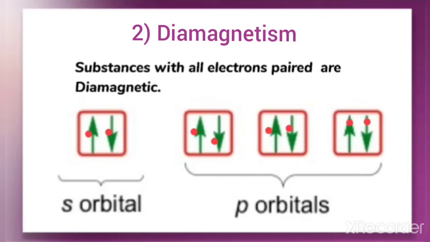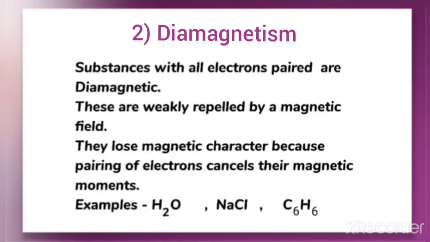These are weakly repelled by the magnetic field, and they lose the magnetic character because the pairing of electrons cancels their magnetic moment. Because all the electrons are paired, the magnetic moment of one electron gets cancelled by the magnetic moment of the other.